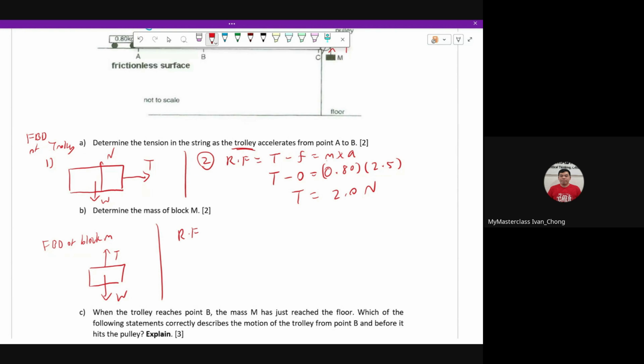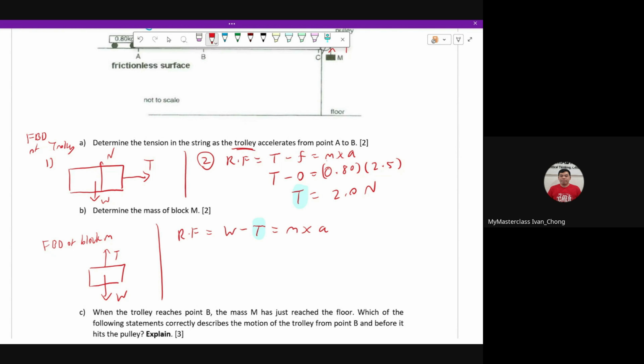Because you're falling down, your weight minus tension is M times a. Now this tension down here is the same tension as this. I'll explain more in the next video, but you just need to know that because they are connected to the same string, the tensions are exactly the same.